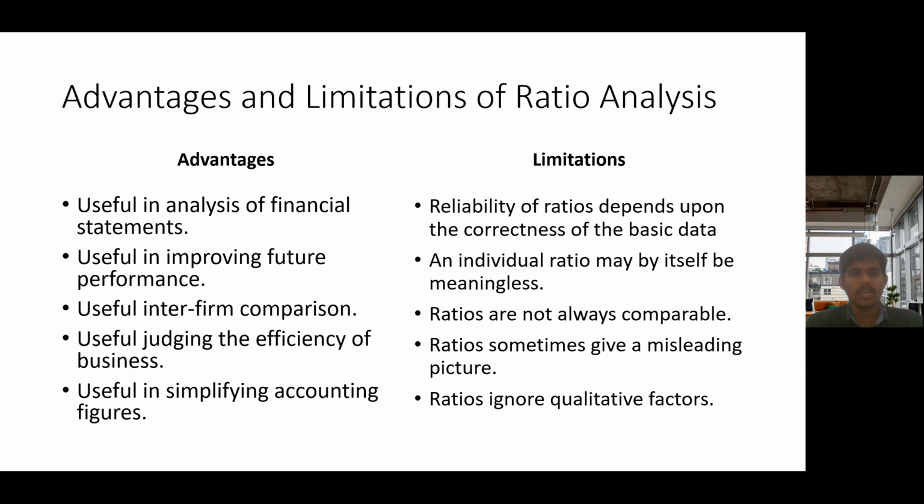This comparison of the performance of one firm with another can be made only when absolute data is converted into comparable ratios. Then only can we understand each company's performance.